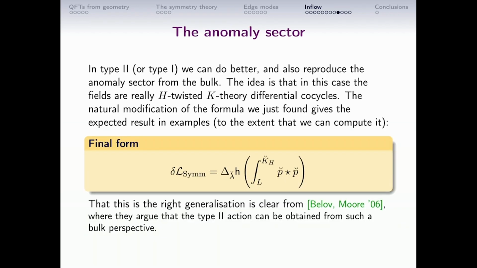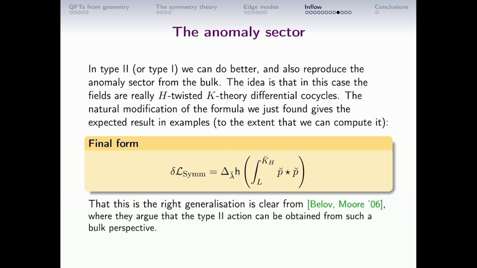Okay. So here comes the reason why I chose this formalism. It's because if you want to work with type 2 or type 1 properly, you want to work in K theory or twisted K theory. And in this formalism, at least formally, the modifications are fairly minimal. So there's a version of this differential cohomology for H twisted K theory, and you just do the calculations there.